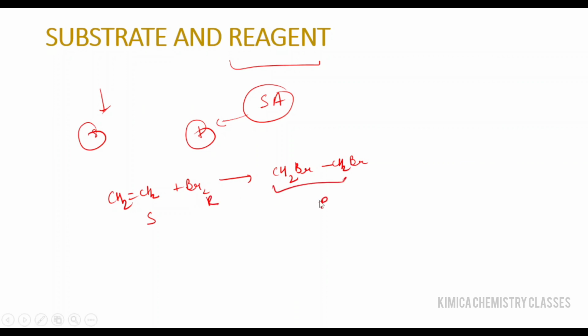So when a carbon-carbon bond is formed, the choice of naming the reactant as substrate and reagent is arbitrary and depends upon the molecule under observation. So this is about the reagent and substrate. The substrate is what you are starting with, and the reagent is what is going to add in a reaction.